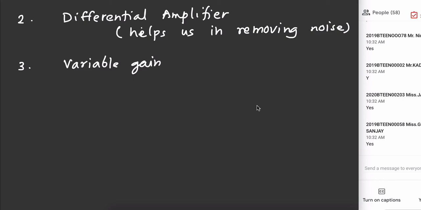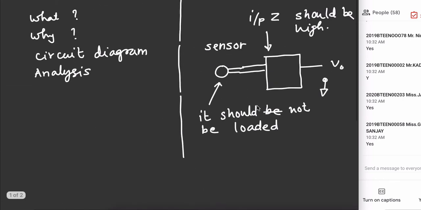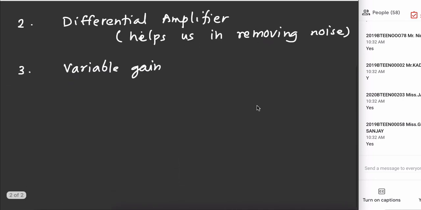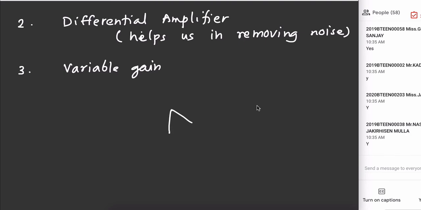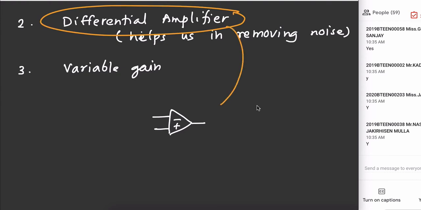Okay, everybody understood these three things? First one is that input impedance should be high, then it should be a differential amplifier and it should have variable gain. Everybody understood this much? Right. Now suppose we take the operational amplifier, plain operational amplifier without any extra circuit, then we fulfill this because it's a differential amplifier.